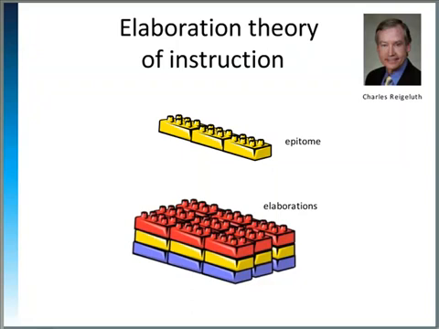Our course actually follows the elaboration theory of course design. The epitome or underlying structure in the course is the Dick and Carey model. If you think about it, the Dick and Carey book refers back to their model at the beginning of each chapter, and so does this course. This model is the epitome that this course is structured on, and this is the sequence of the lessons.